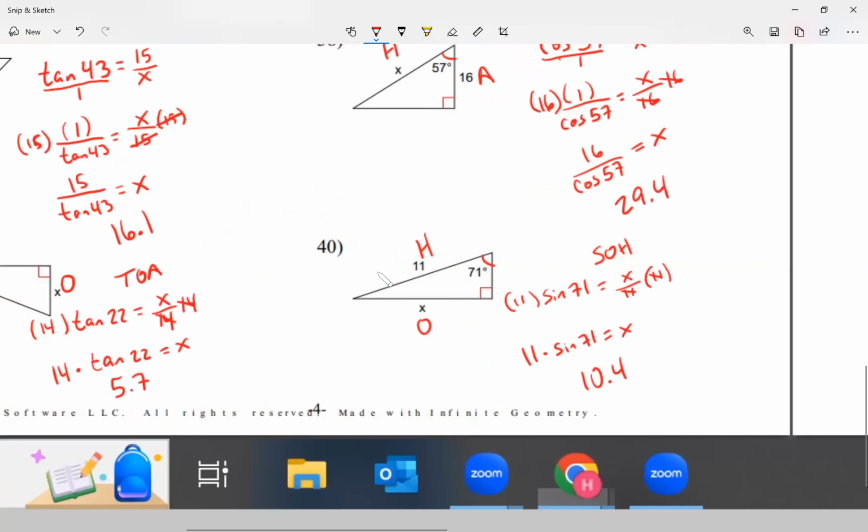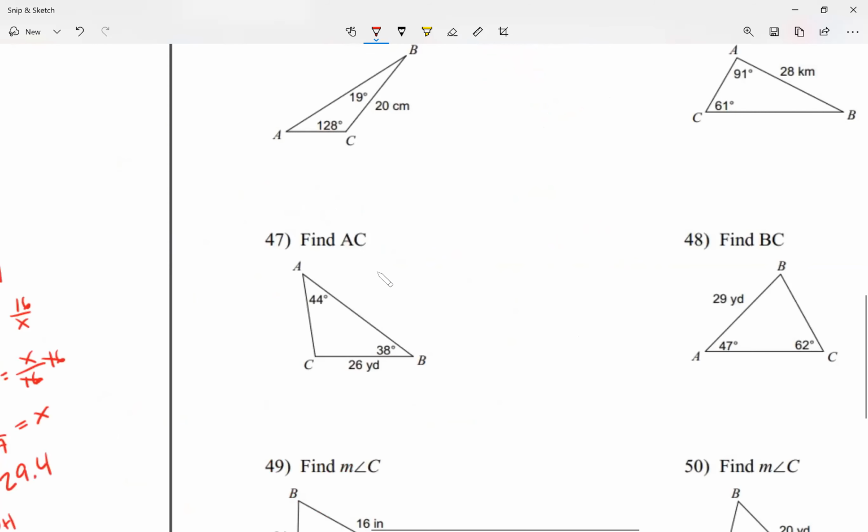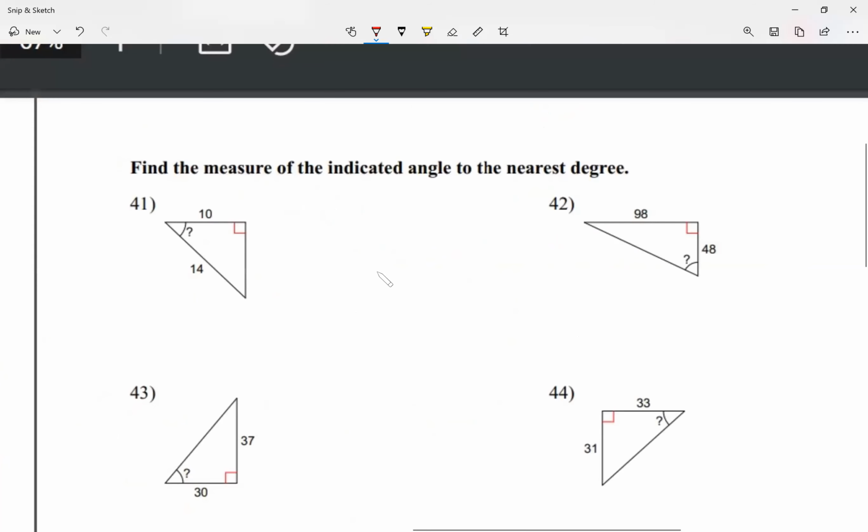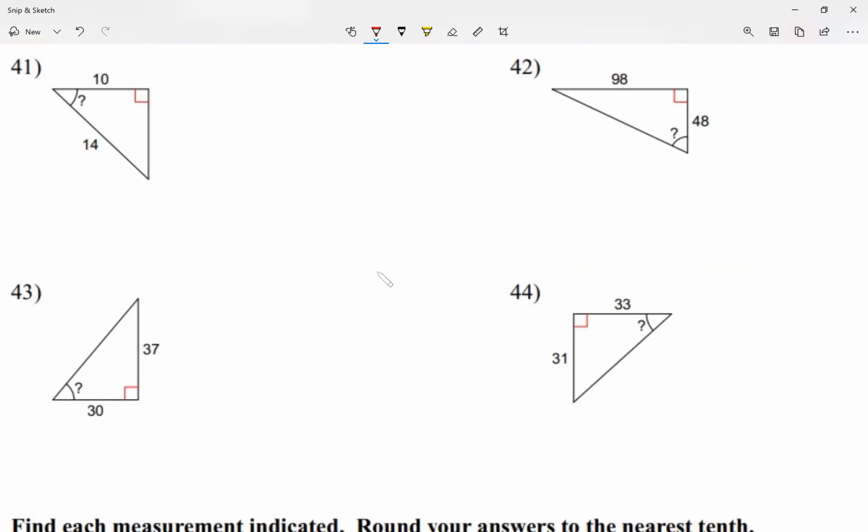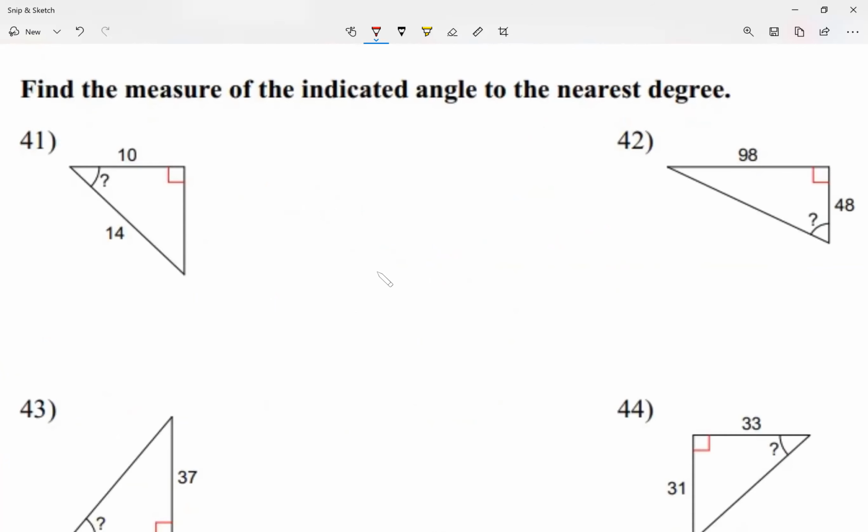But sometimes I might ask you to solve for the angle. Let's take a look at number 41 through 44. Find the measure of the indicated angle to the nearest degree. I said read the instructions. So this one, I'm going to the nearest whole number. That angle, I don't know it, so let me call it x. I see I have the hypotenuse and the adjacent.